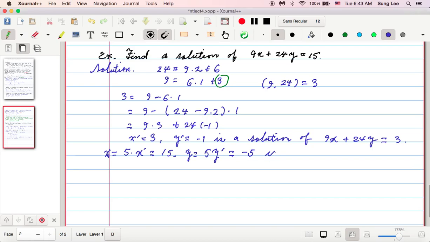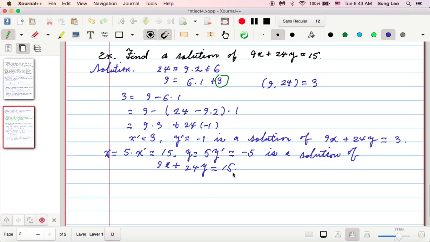So 15, negative 5 is a solution of the original equation 9x plus 24y equals 15. Basically I'm showing you the proof of the very first theorem.